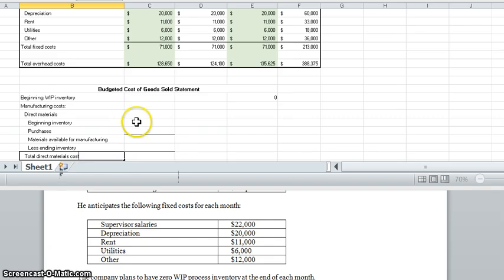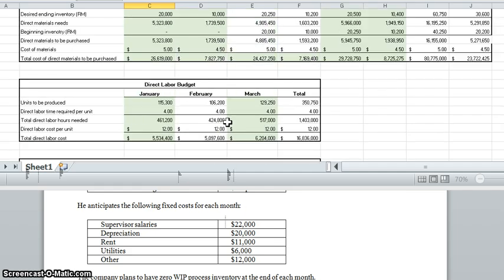So let's go ahead and pick out that information. Beginning raw materials inventory is 0 because it is the first month of operations. When it comes to our purchases, remember, what are our raw materials for this company? It's the mahogany and the oak. So which budget do we need to go to grab this information? The direct materials budget.